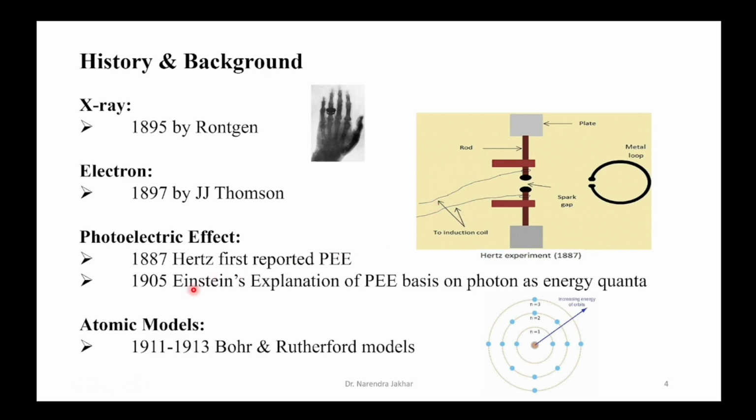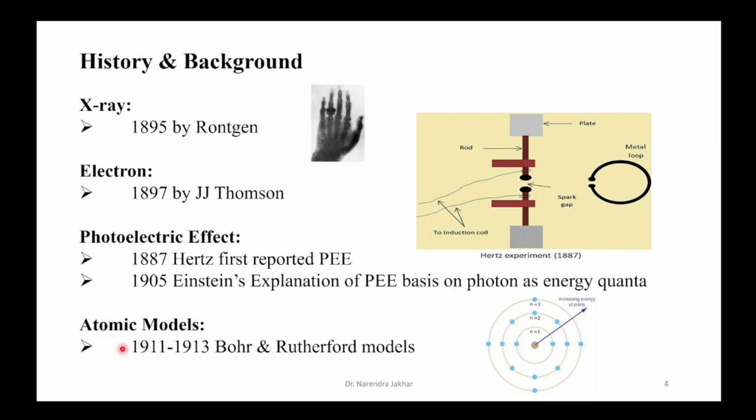So later in 1905, the great scientist Einstein explained this photoelectric effect on the basis of the photon as an energy quantum, and this explanation of Einstein leads the physics in a very new direction, and it opens new horizons for physics development.